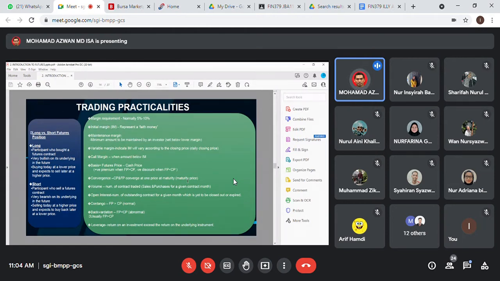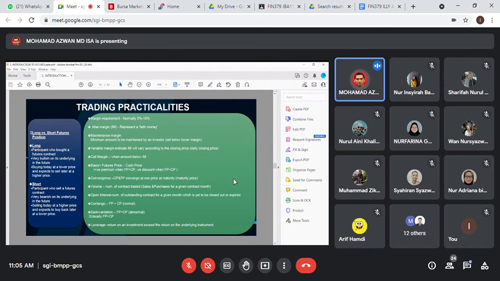Okay, in futures contracts there are margin requirements. There are several types of margin.